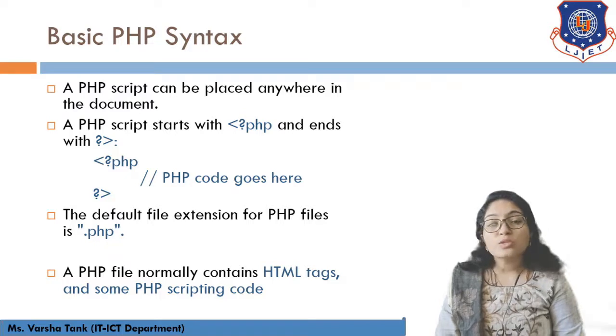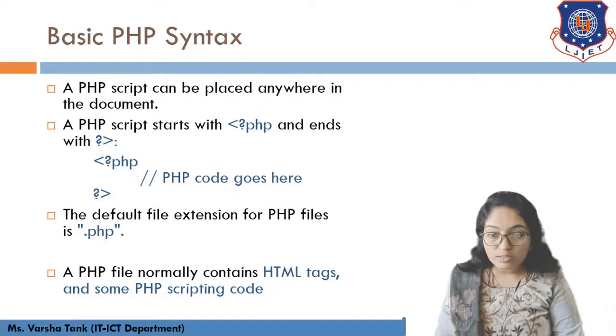Here you can see the PHP script starts with the less than sign, question mark, and php as a keyword. This is the indication of the start of the PHP script, and it ends with the question mark and the greater than sign.